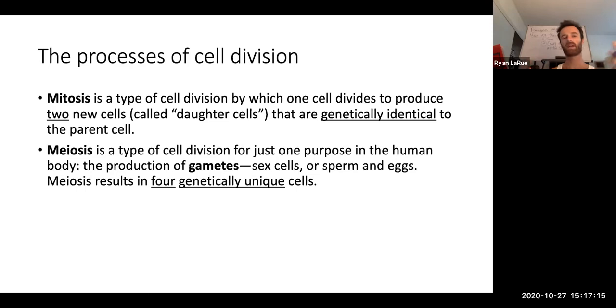I do like to put it in the back of your head that this is the main topic for this unit, the process of cells dividing. And there's two types. You have mitosis, and this is going to result in two brand new cells called daughter cells that are genetically identical to the parent cell, the original cell.